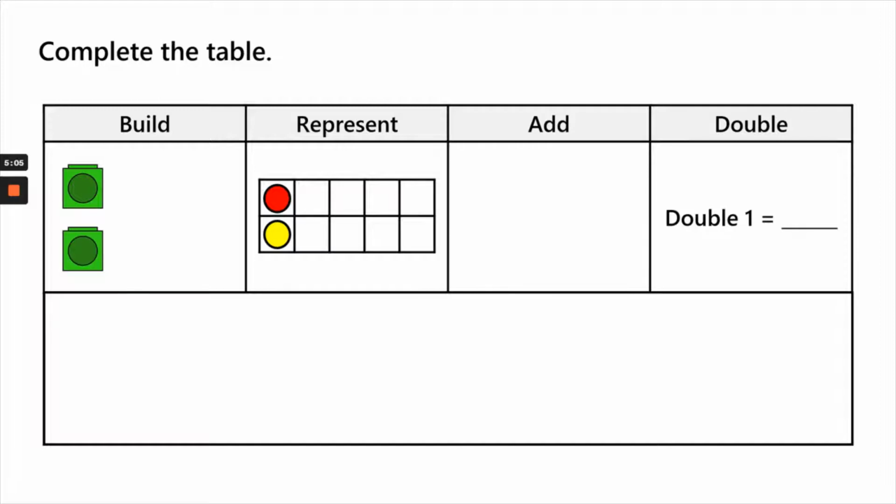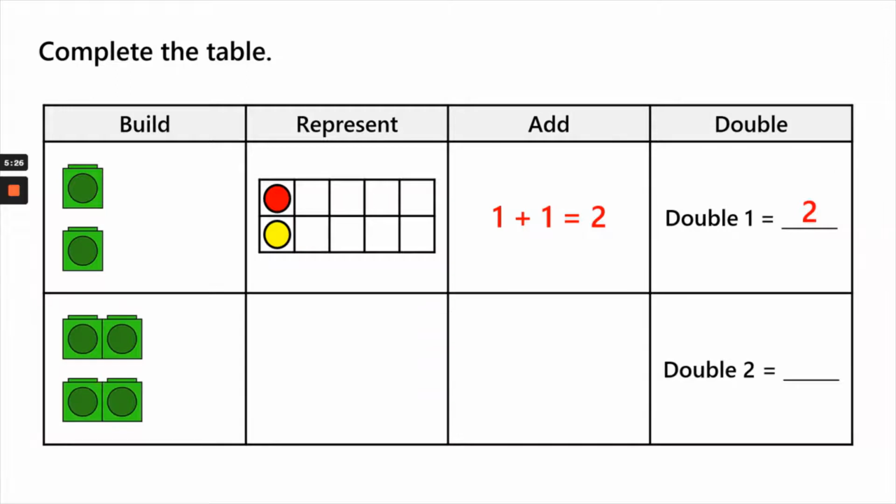The red counter for our first lot of 1, the yellow counter for our second group of 1. Our addition sentence will say 1 add 1 equals 2. So double 1 equals 2.